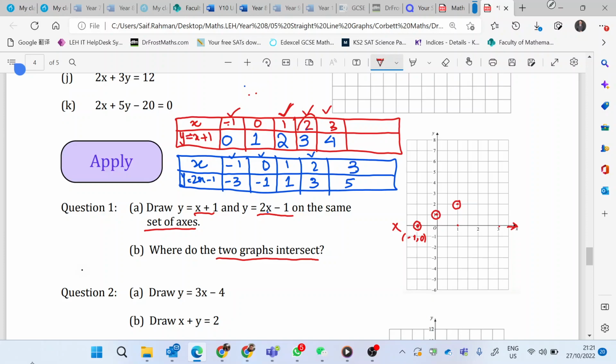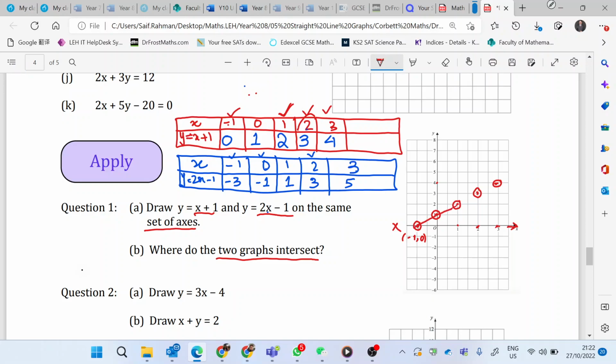So on the x-axis it was 2, on the y-axis it was 3. And my next point is on the x-axis it's 3, y-axis it's 4. If I look for the line, this is the intersection of 3 and 4.